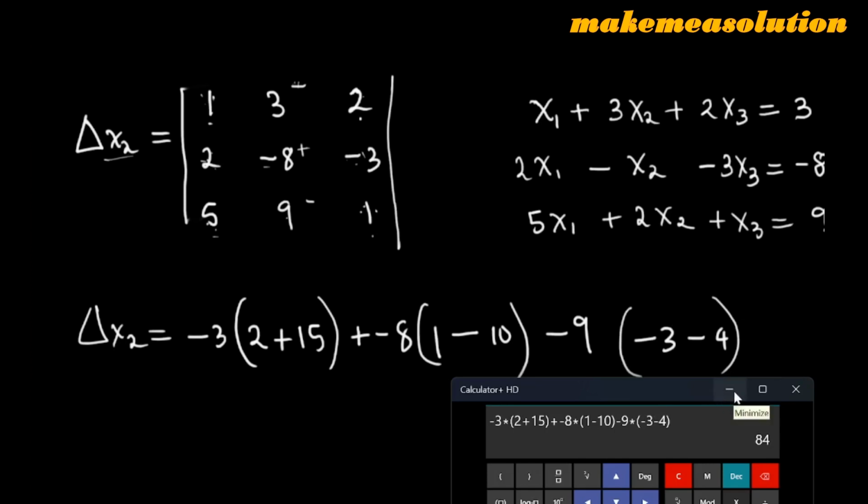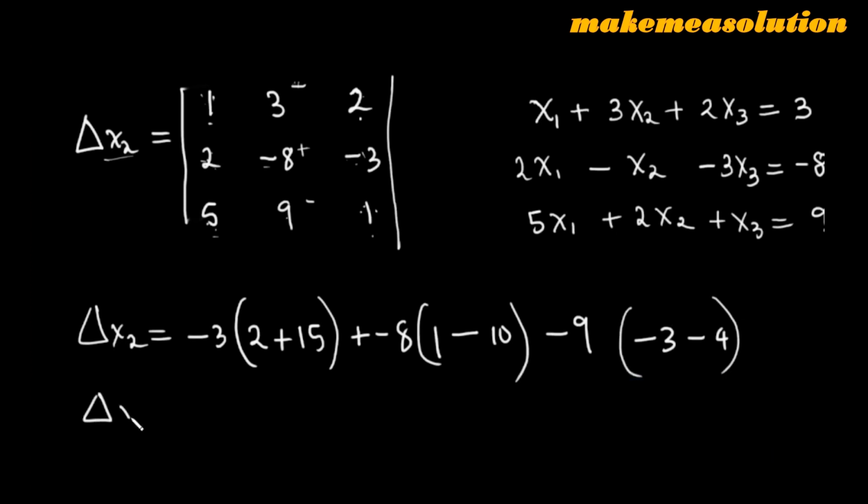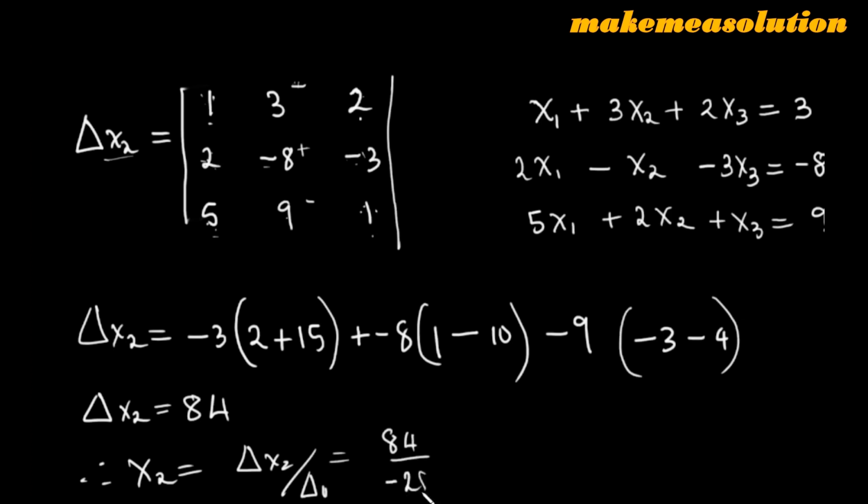So delta x2 gives us 84. Therefore x2 is equal to delta x2 over delta naught, which is 84 divided by negative 28. This is minus 3, since 28 times 3 gives you 84.